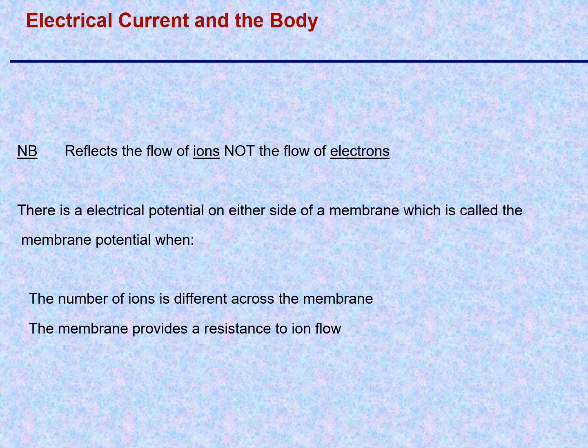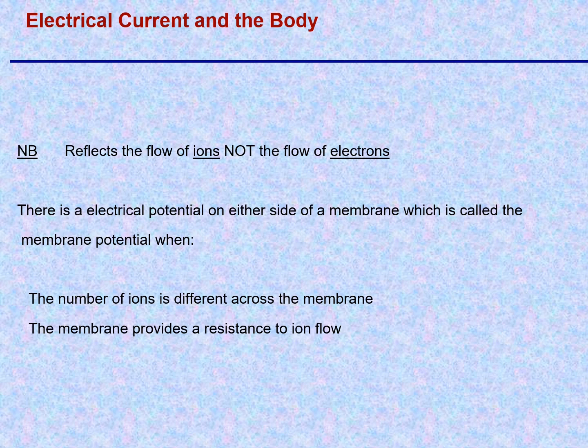The electrical potential on either side of a cell membrane, and actually all cells have this, not just neurons, is called a membrane potential. It is present if there are different numbers of ions on one side of the membrane than on the other, and if the charges are different. Separation of charge.